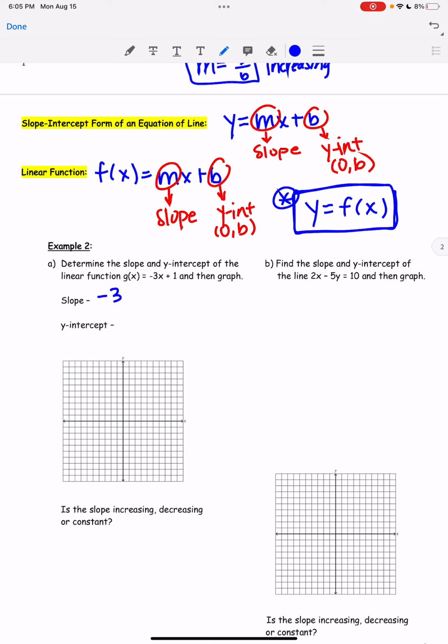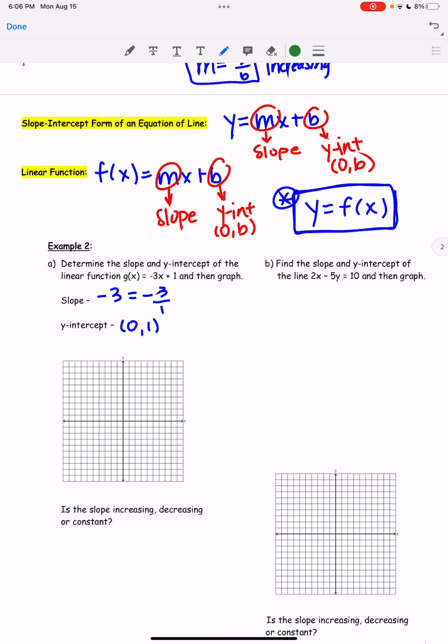And because I'm graphing, I really want that in a fraction form, so I know rise over run. And so I'm going to make that negative 3 over 1. And then my y-intercept is whatever's not with x. In this case, 1, so 0, 1.